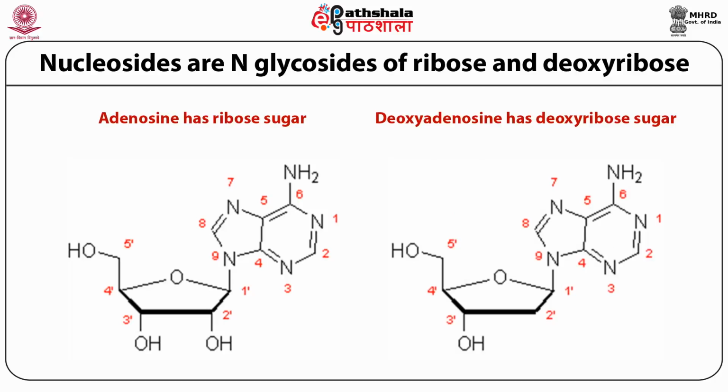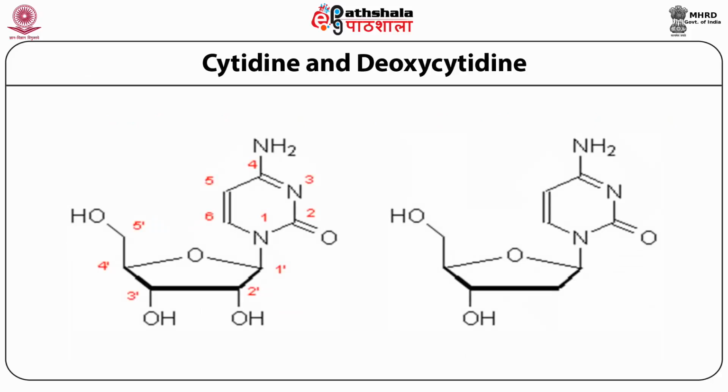In the deoxyribose sugar, you do not have a hydroxy group at the second position. What is the difference between cytidine and deoxycytidine? The same. In cytidine, the cytosine is connected to ribose sugar, whereas in deoxycytidine, it is connected to deoxyribose sugar.